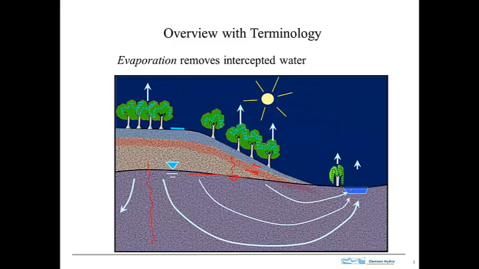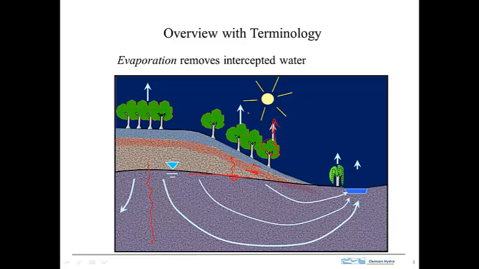So the rain stops and the sun comes out. And now evaporation will take place, and the first thing that's going to evaporate is this water that has accumulated during the rainfall and has been intercepted on the leaves of the trees.